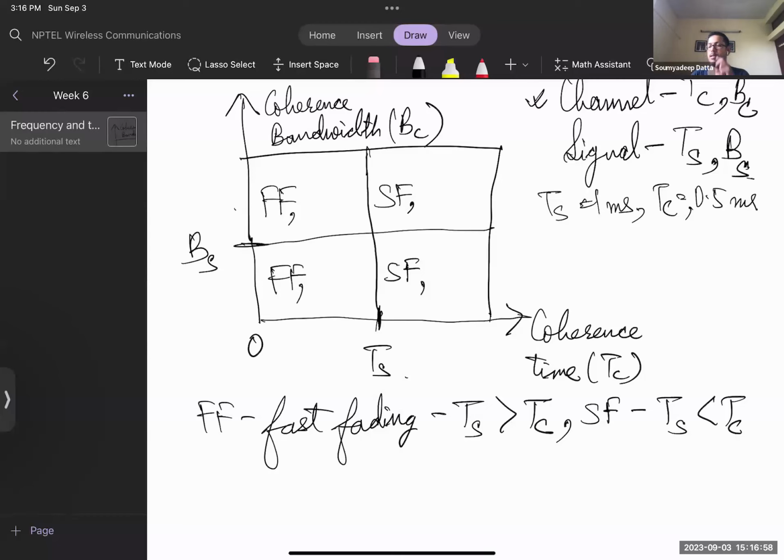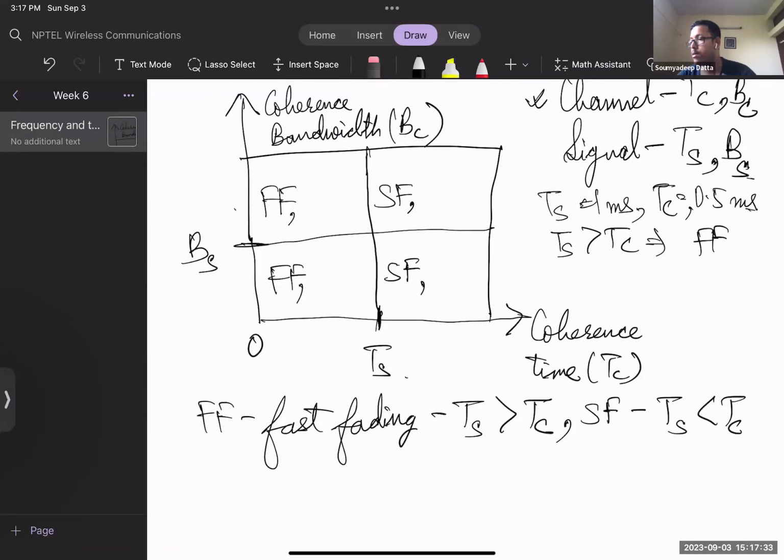In the time that you send the signal, the channel has already fluctuated significantly because it has gone through two coherence intervals. We can roughly assume that the channel is constant for one coherence interval, but we can see that Ts is greater than Tc. So this is a fast fading channel because the channel has already fluctuated by the time you are finishing the transmission of the signal.